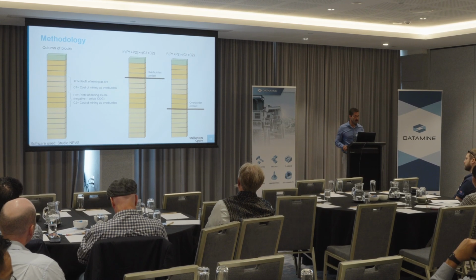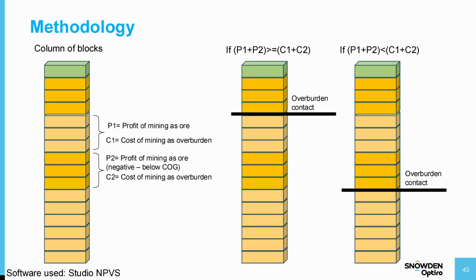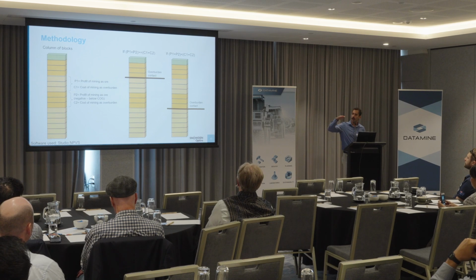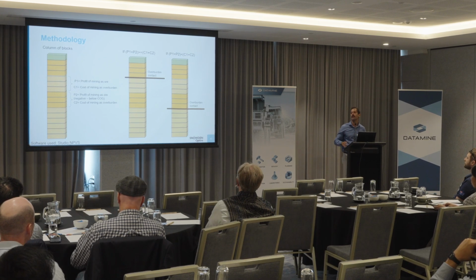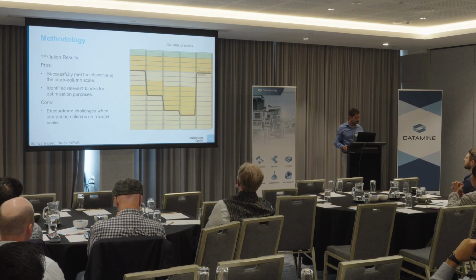If we do this assessment, we will see what the biggest benefit to the project is: to consider the orebody contact on the top and dilute the material, or the orebody contact below and have an ore loss. Doing that for the whole deposit, column by column in a macro, we can flag where this orebody contact will be. So this was the first methodology that I did.